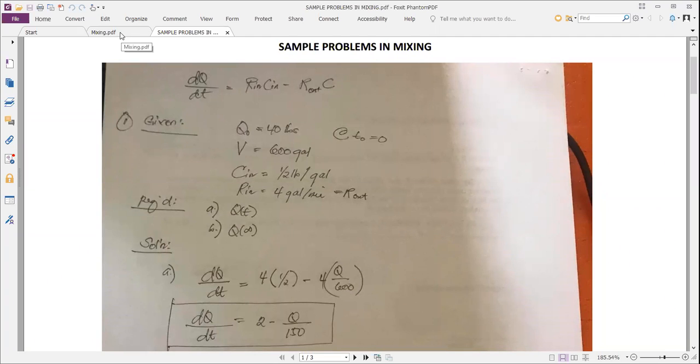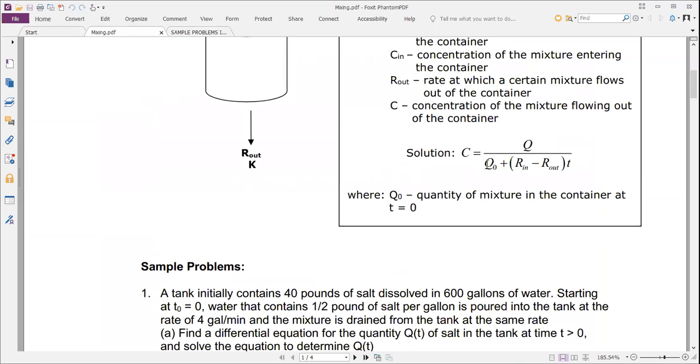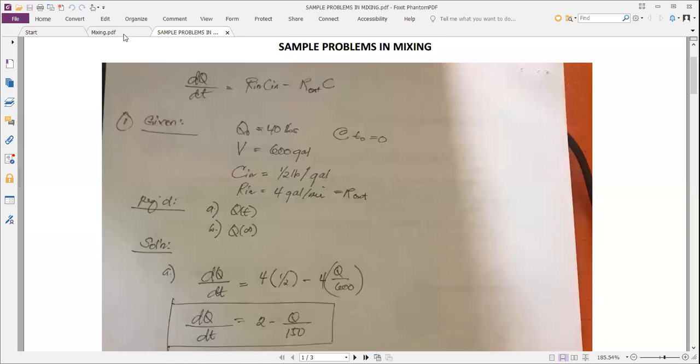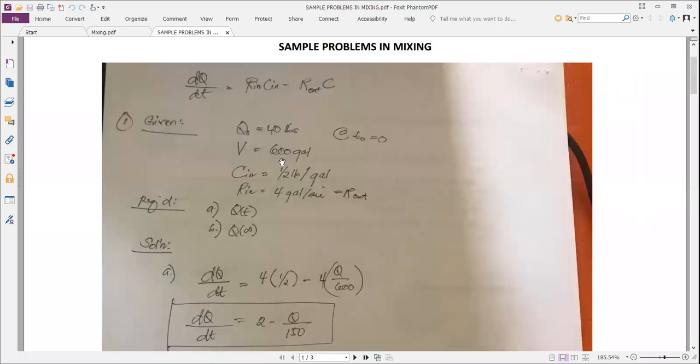I'd like to go back to that slide, to that particular part in our discussion. The concentration at any particular time inside the tank is equal to Q, that's the Q that you are seeing here, divided by the initial volume plus the difference in the two rates, rate coming in minus rate coming out, multiplied by T. So that's the way we did it. Your initial volume is 600, stated there.